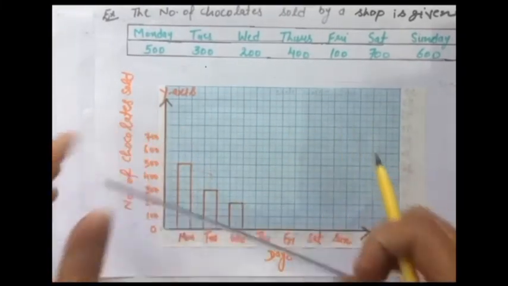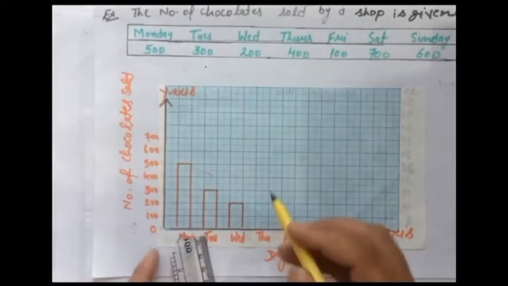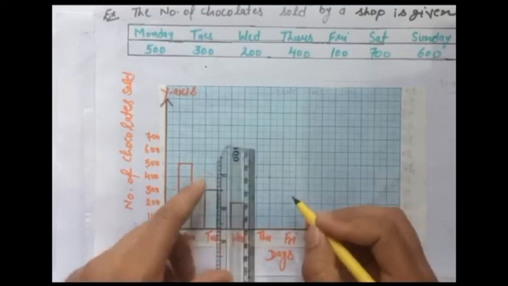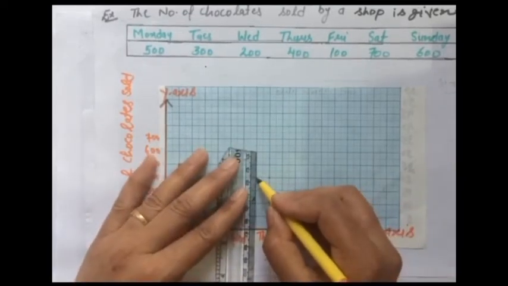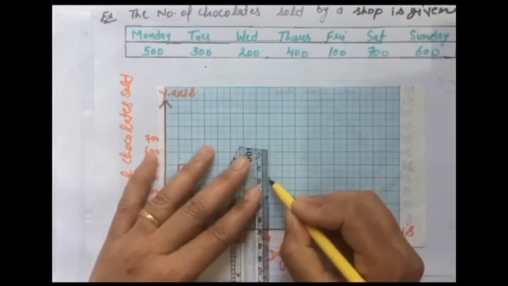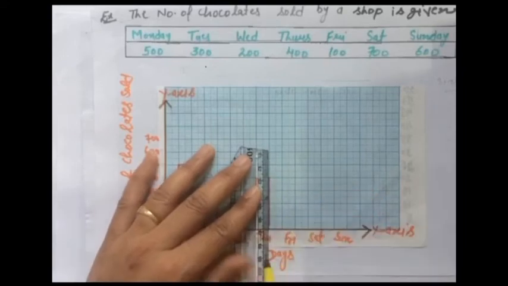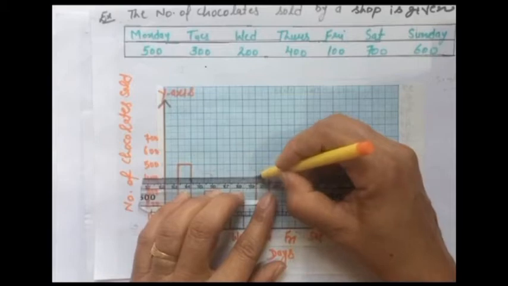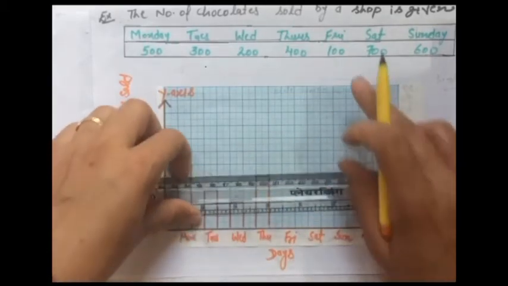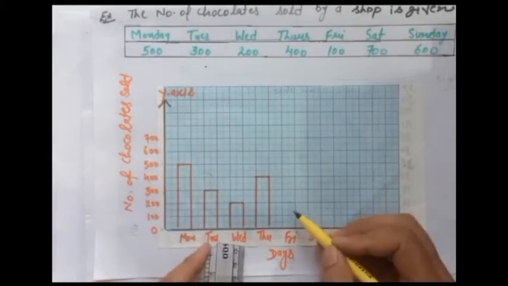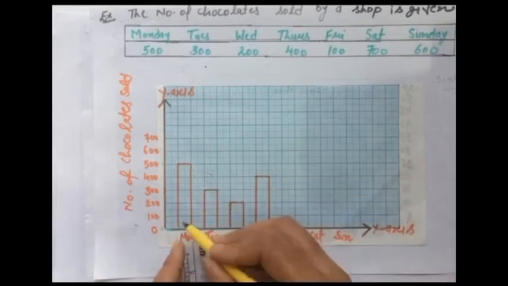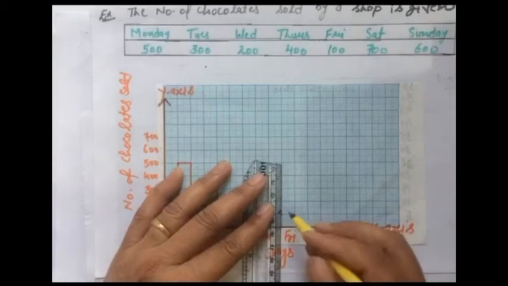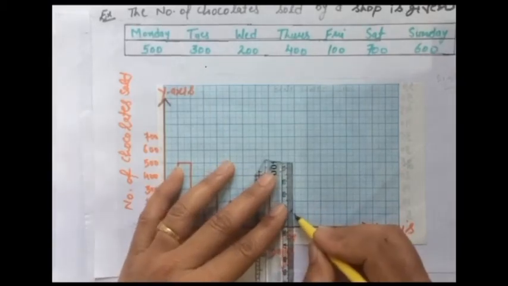Next, on Thursday, 400. So draw a rectangle of height 400. Next, on Friday, 100. So draw a rectangle of height 100 in front of 100.